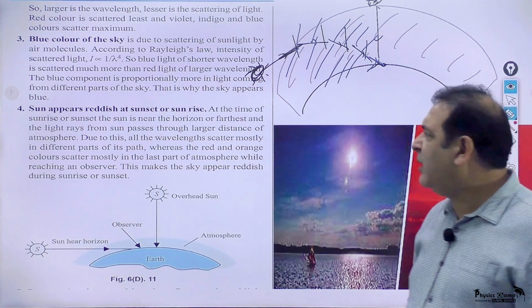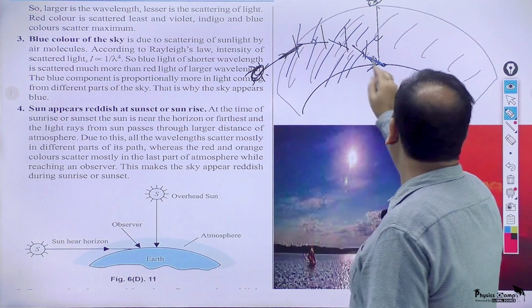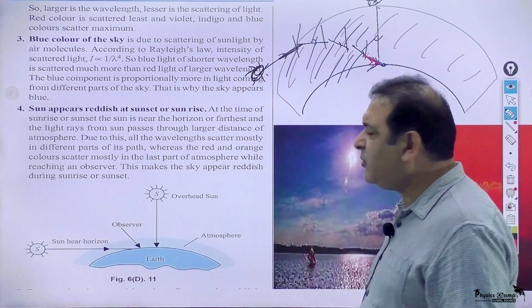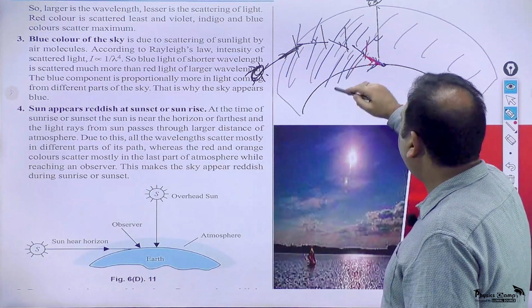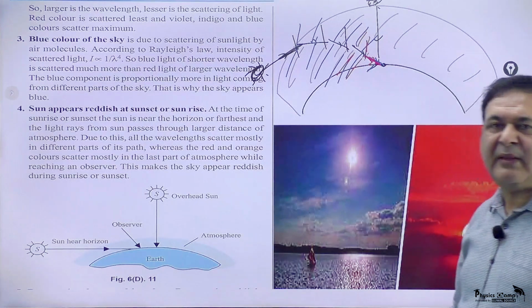So finally the light which reaches you just consists of red color, whereas the colors which have just scattered are orange or yellow and then green color, like that.